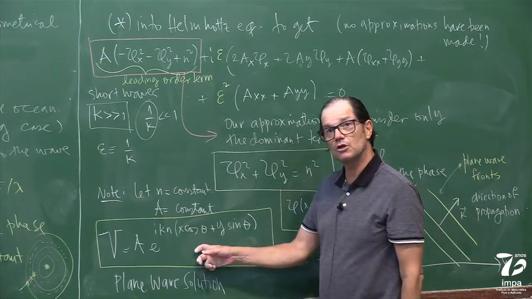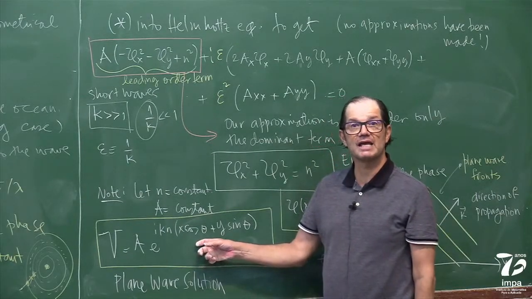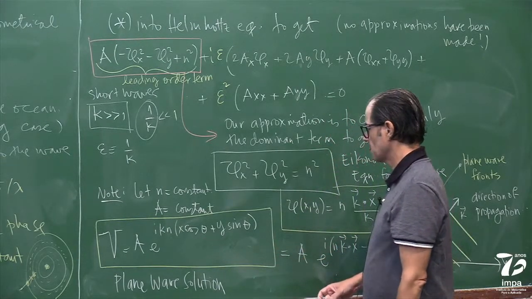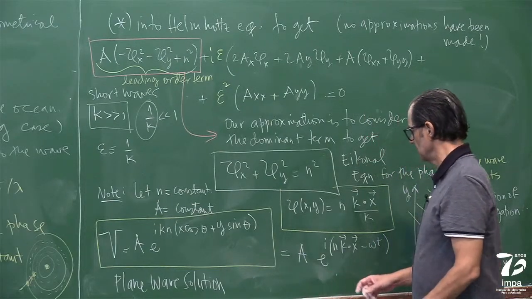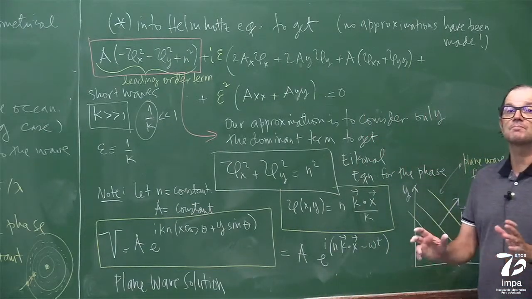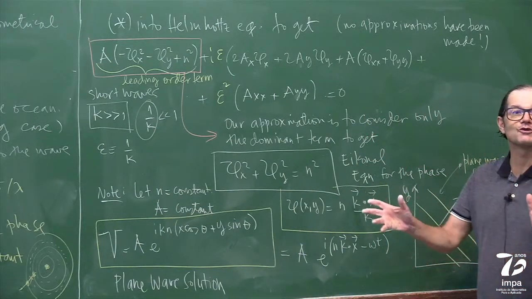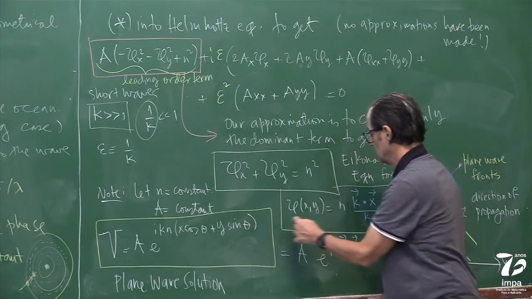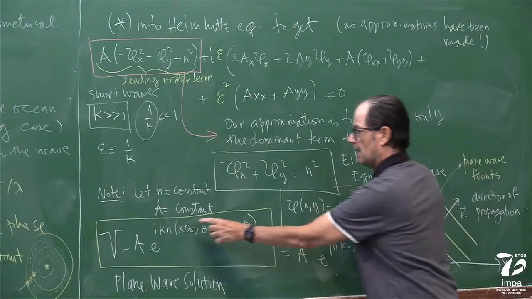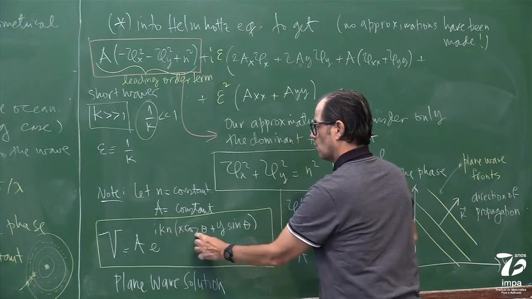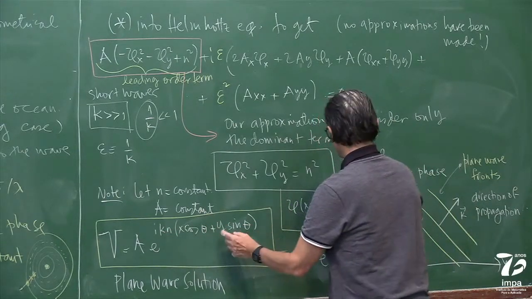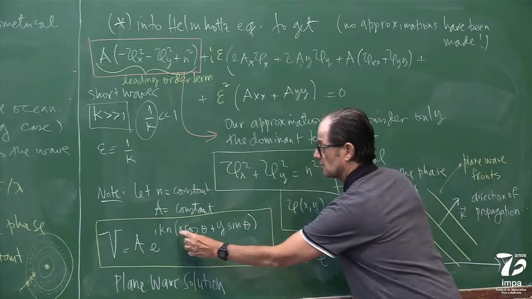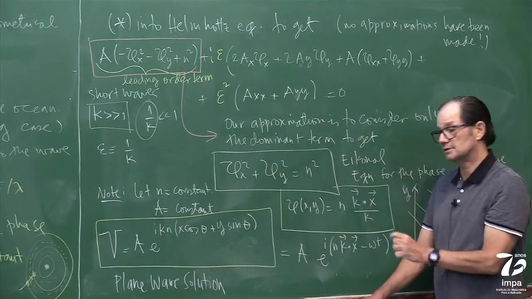So this means we have a plane wave. What is a plane wave? You can see a plane wave in many ways. The phase for this guy here is basically this: n, k cosine theta, k sine theta, inner product with x, which is x y, the vector x.